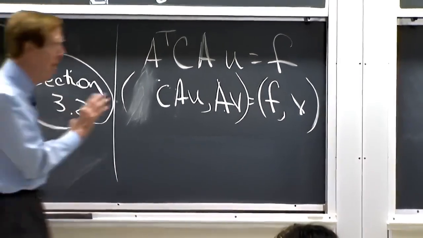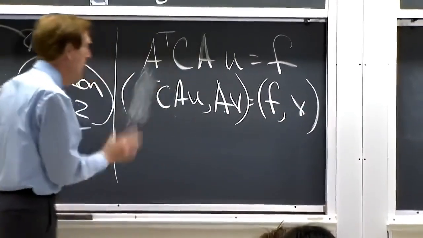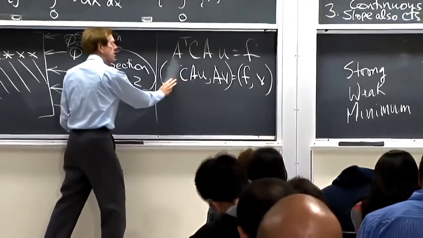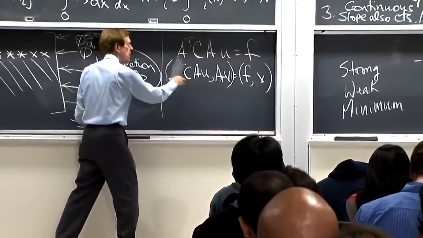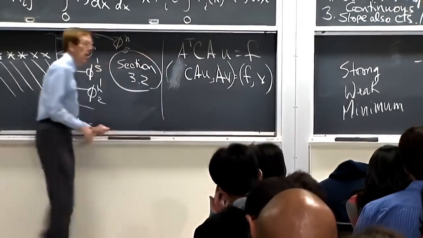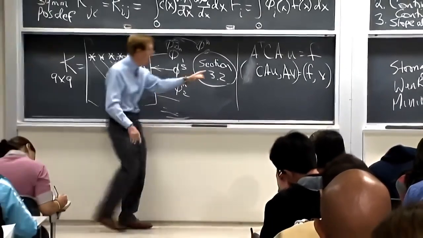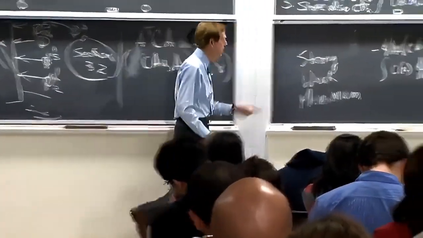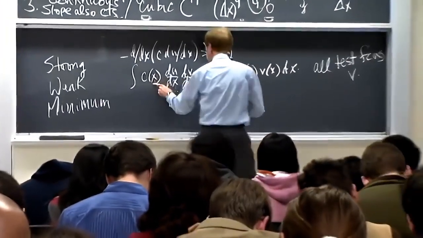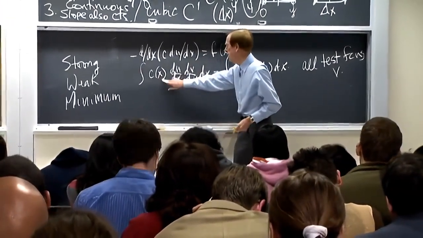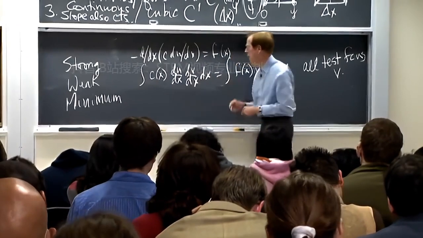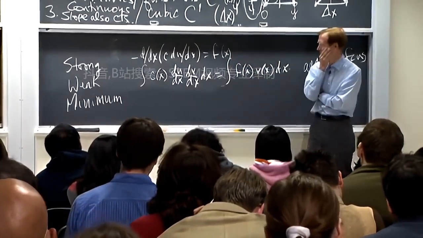The whole idea of integration by parts amounted to taking A transpose off of U, and putting A over there. Isn't that neat? And you see that this CAU, AV is just what I have here. CA is derivative, so this is CAU, AV, inner product.